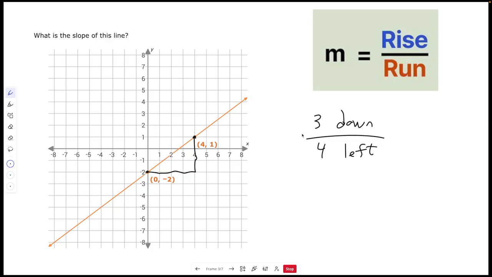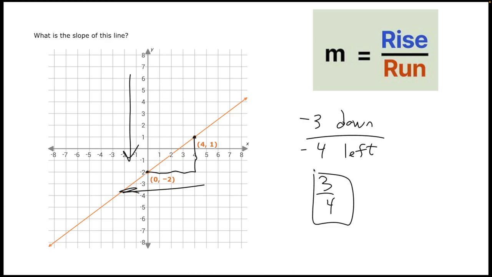Now, notice that we're going down, so on the y-axis, that would mean we're going towards the negatives. And when we go to the left, we're also going negative. So this is negative 3 divided by negative 4. A negative divided by a negative is just a positive answer. And so it gives you the same answer no matter which way you count.